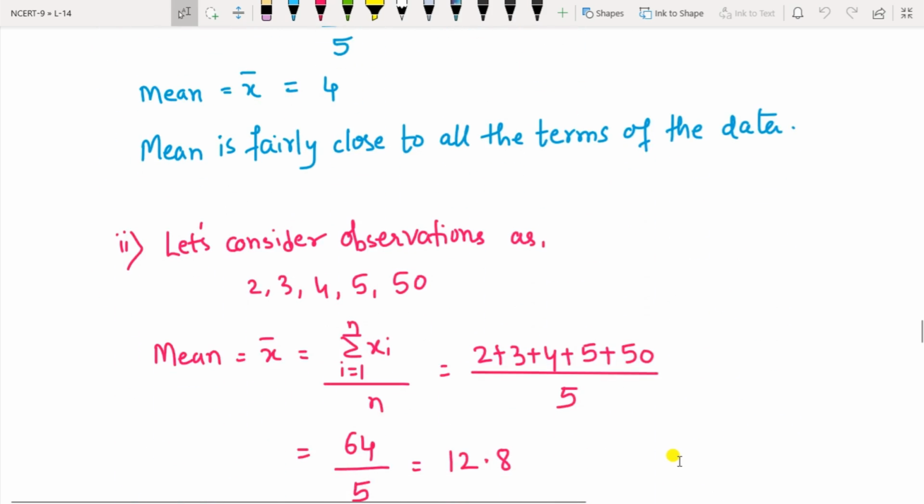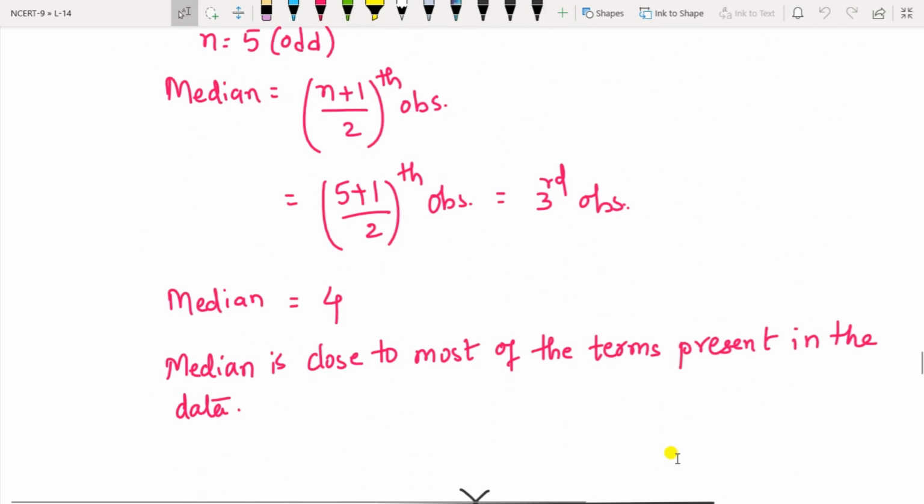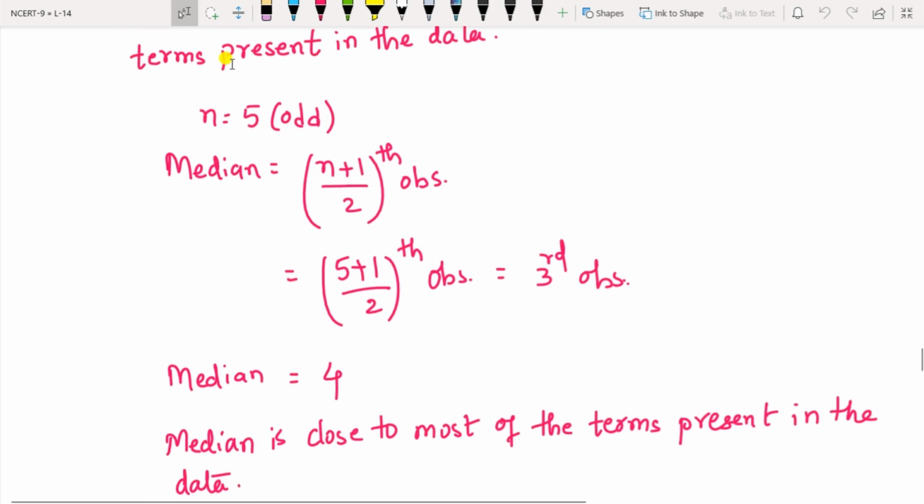Now we have to prove that median is an appropriate measure of central tendency. Taking the same example that we have taken for mean, n equal to 5, that is odd. 5 plus 1 upon 2, that is 6 by 2, that is the third observation.